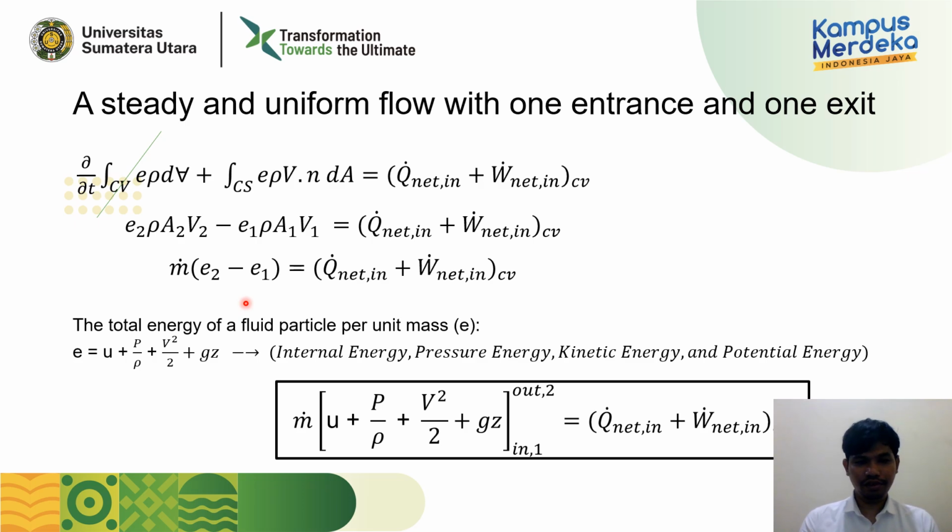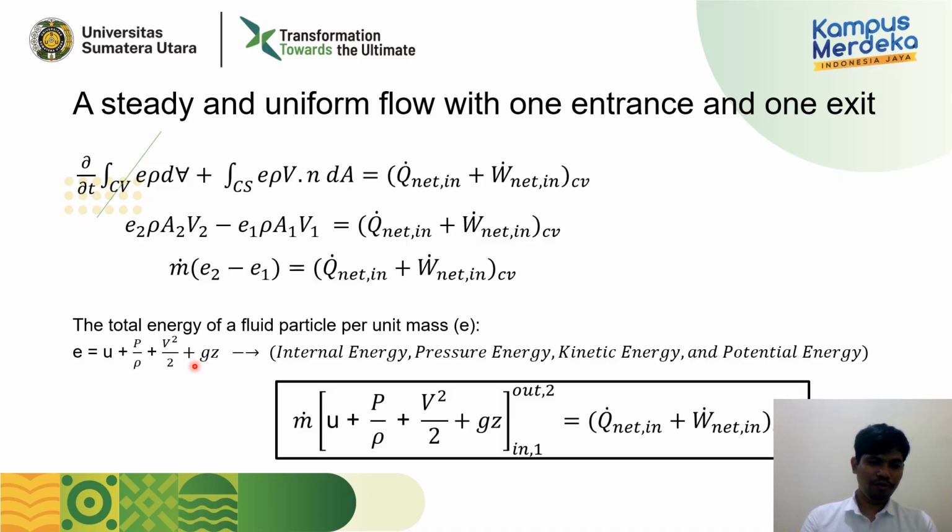The thing that you need to understand when we talk about E is that it is the total energy of a fluid particle per unit mass. It contains the internal energy, which is u, and also pressure energy, kinetic energy, and the last one, potential energy.